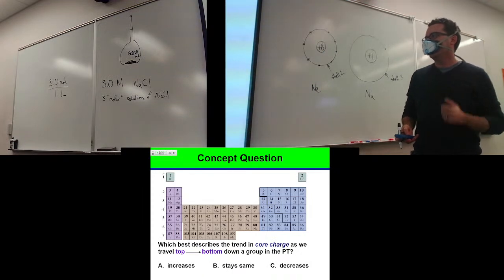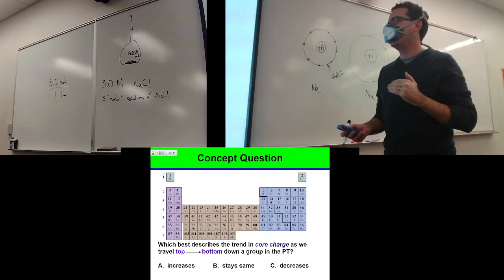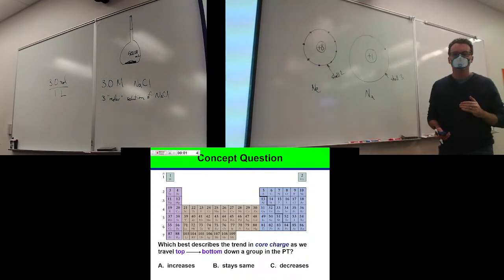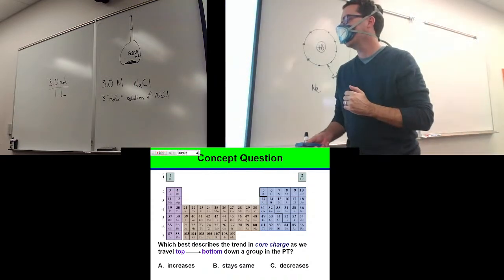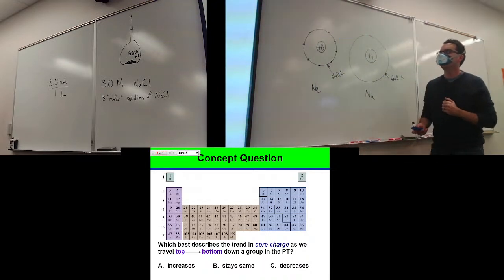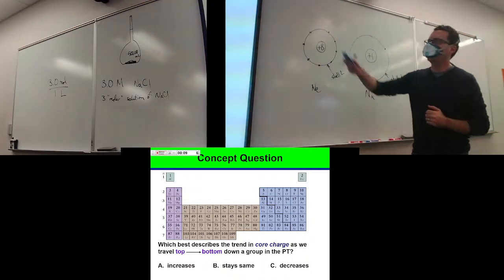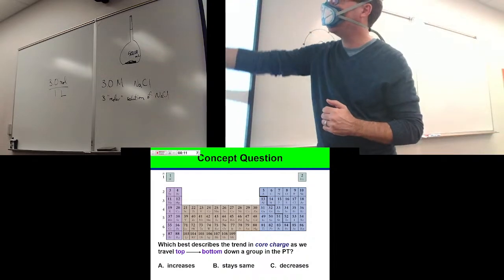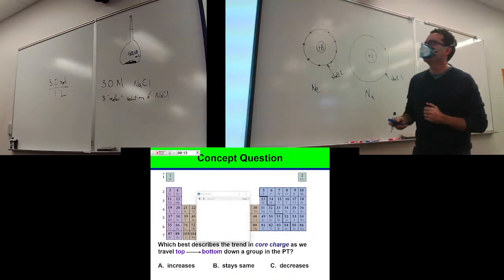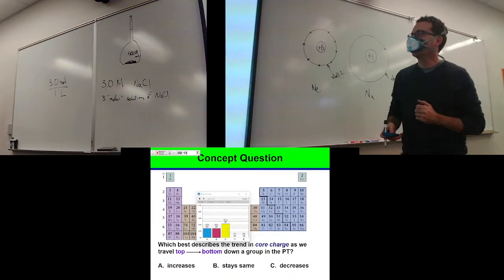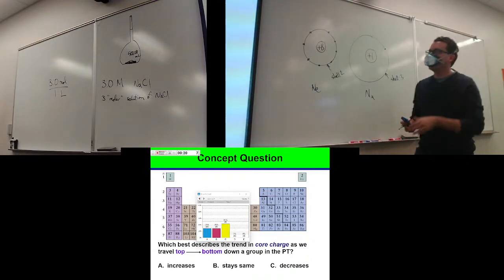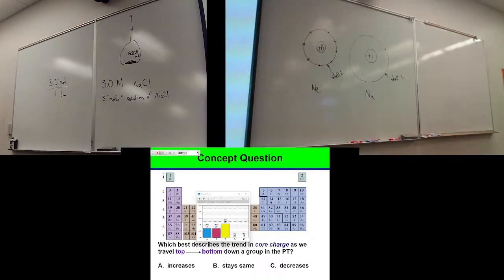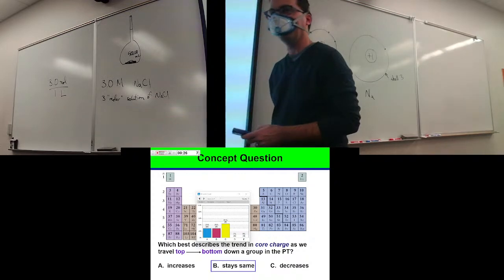And as you go from top to bottom, what happens to core charge in a single group? You follow lithium down to sodium, down to potassium, down to rubidium. Ooh, we got a little disagreement here. So, the core charge within a group, so just looking at one group at a time, the core charge actually stays the same.